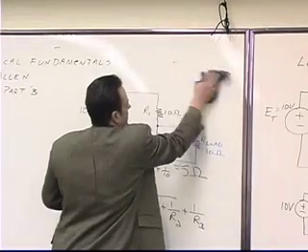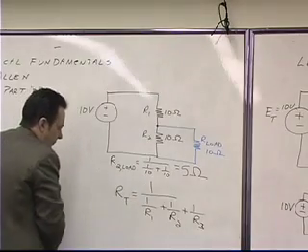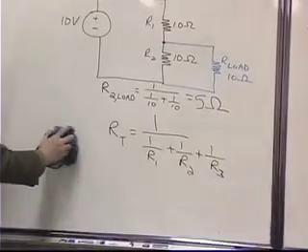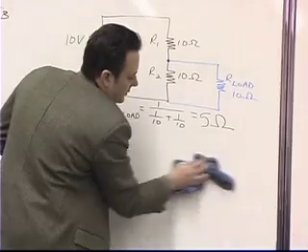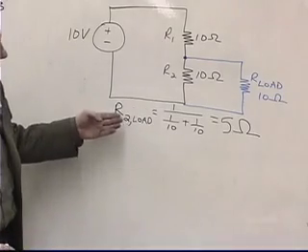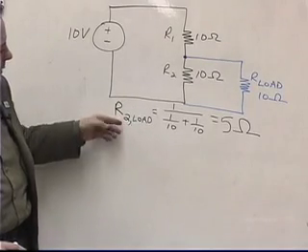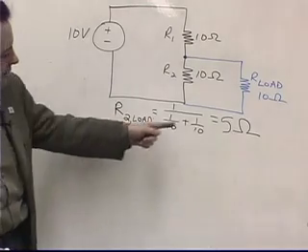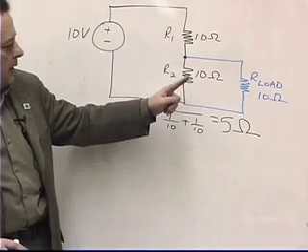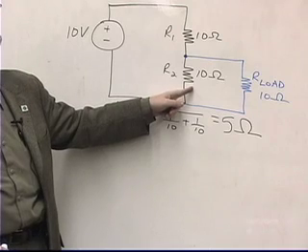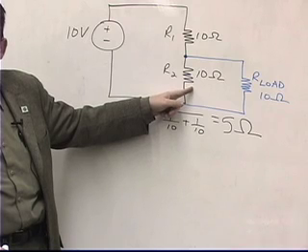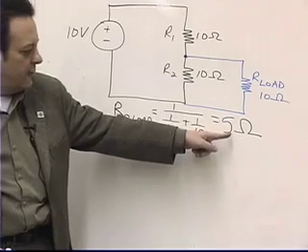Now, I'm going to erase this, and I want to come back to this for a moment. This formula is in your book, and you should definitely put it on your cheater sheet or your crib sheet. But what I want to focus on is that R2, load is equal to 5 ohms. Now, when I'm looking at this circuit, that means that I can replace part of the circuit with a 5 ohm resistor.